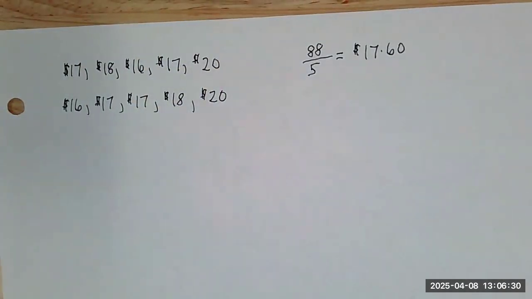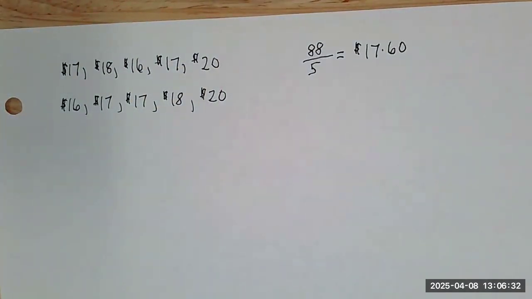If I put them from least to greatest, what's the median here? Because there's 5 of them, the median's the exact middle number. And so it's going to be that 17 right there, right? So my median would actually be a little bit lower than my mean, but it'd be pretty close. There's not a huge difference between $17 an hour and $17.60, right?